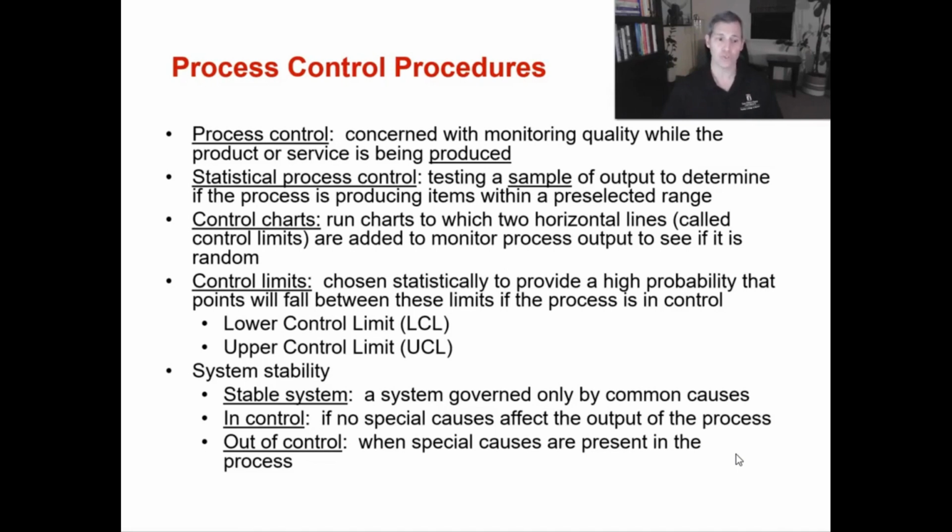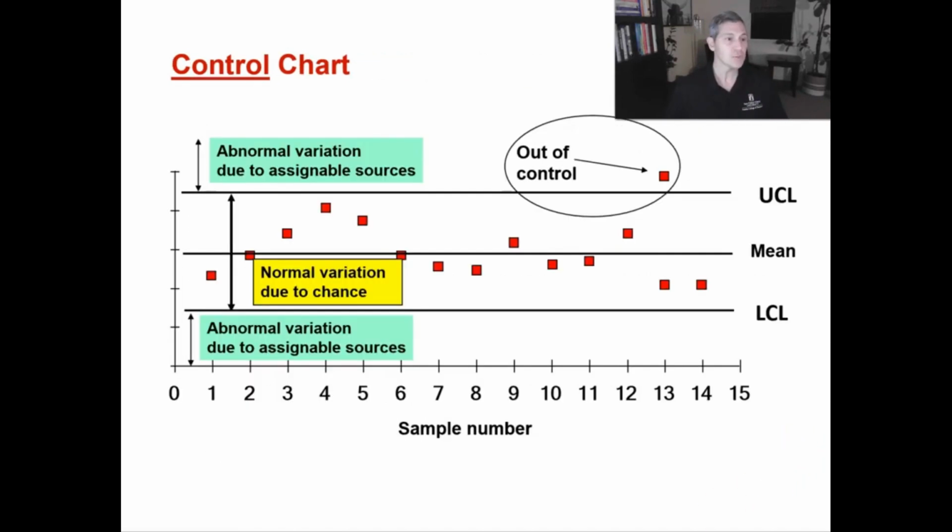An out-of-control process is when special causes are present in the process. Assignable causes are known and they're not okay, but you can correct them and you know that your process is still in control. If you have special causes, that would make your process become out of control. So let's look at a control chart again.